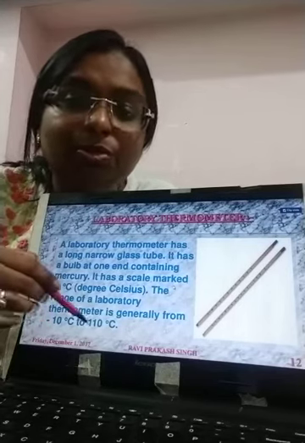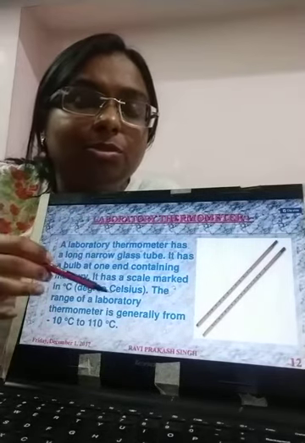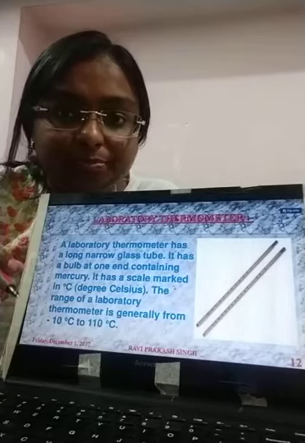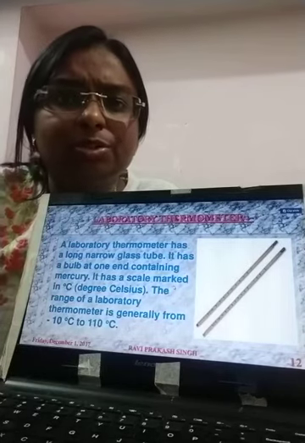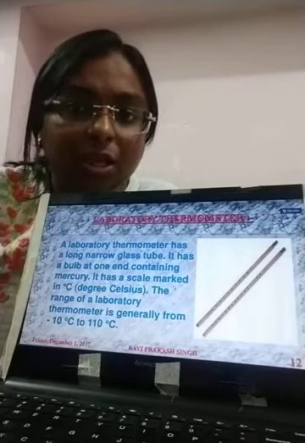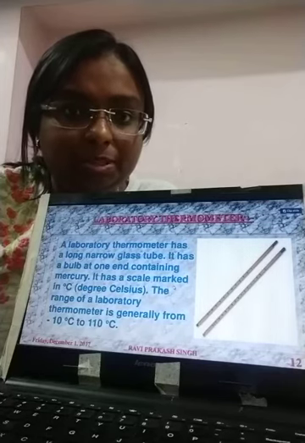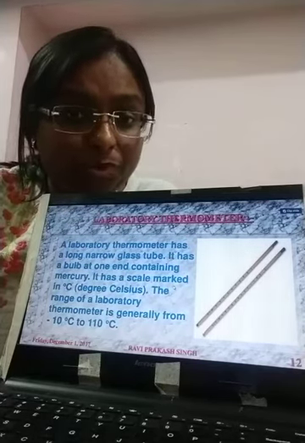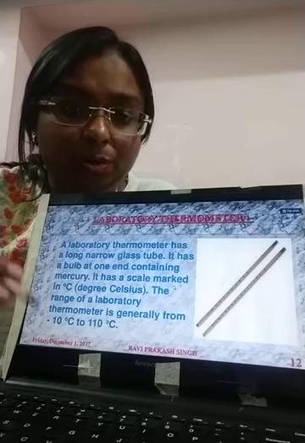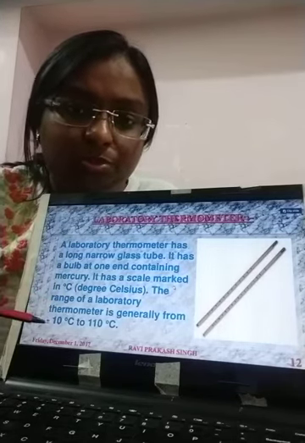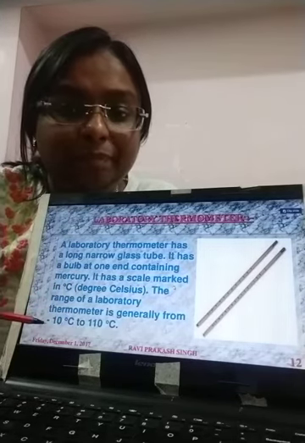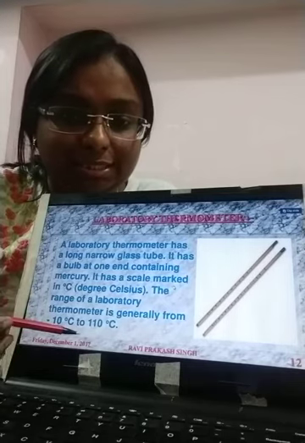Why do we need such a huge scale? We use lab thermometers to measure the temperature of solutions and solutes in the laboratory. Some elements might have a higher boiling point than water or a lower melting point. To measure those we need such a huge scale, that is -10 to 110 degrees centigrade.